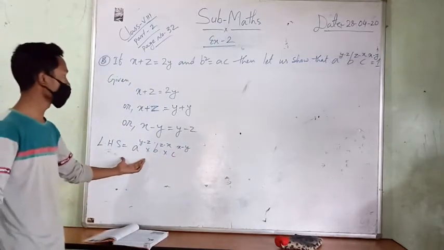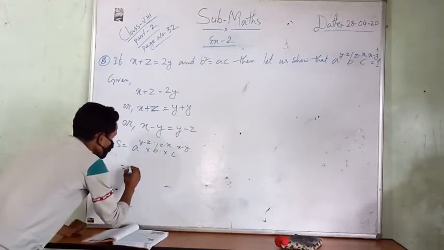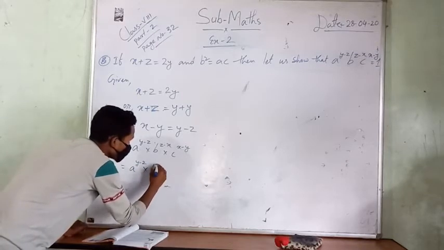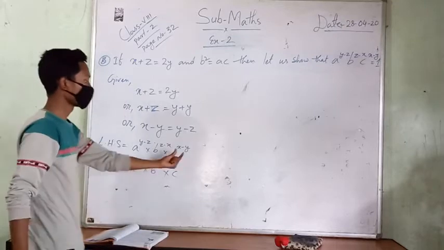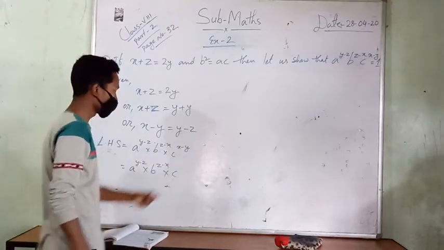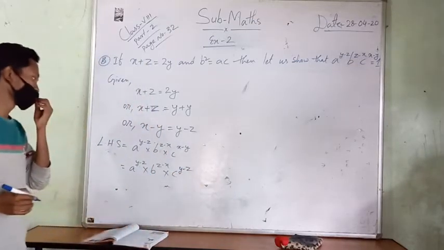That is the left hand side. Now a to the power y minus z into b to the power z minus x into c to the power, there is x minus y, then the value of x minus y is y minus z, so I will write there y minus z.